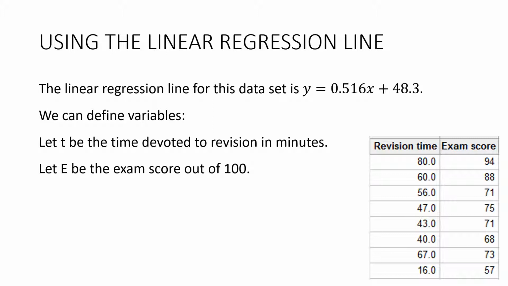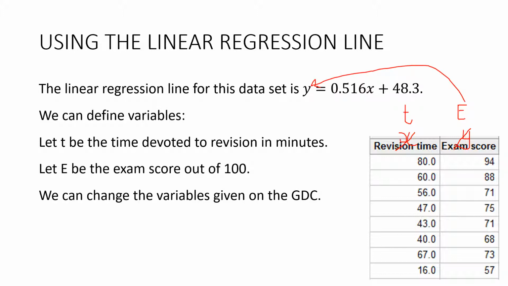And so now instead of Y and X, we can change them to E and T. If you're confused about which is which, this is X here, they're alphabetic, this is Y. So instead of revision time, we're writing T. Instead of exam score, we're writing capital E. So you can see where that's going to go in here. So we would write E is equal to 0.516t plus 48.3.